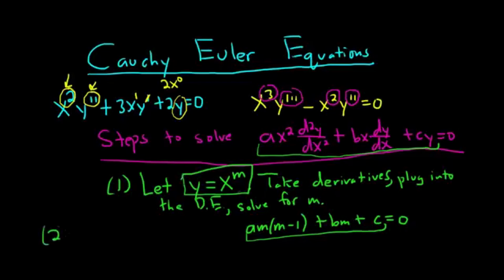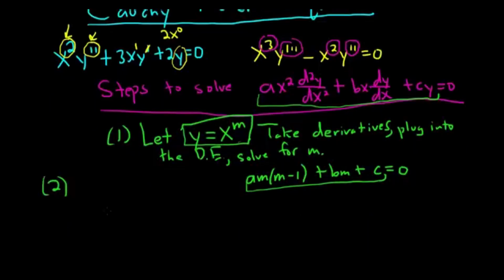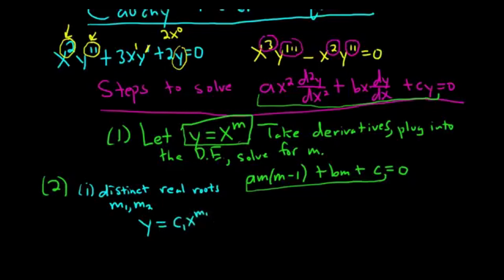All right, step 2. When you solve the quadratic equation, you have 3 possibilities. The first possibility is that you get distinct real roots, say m1 and m2, and the solution is given by c1 x to the m1 plus c2 x to the m2.